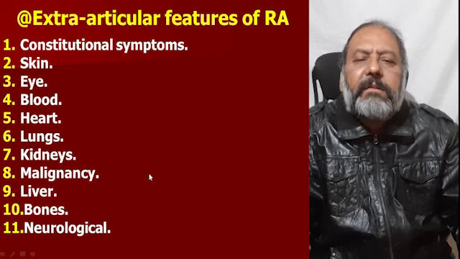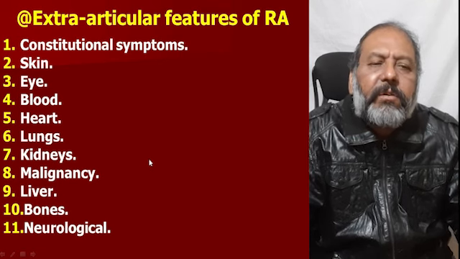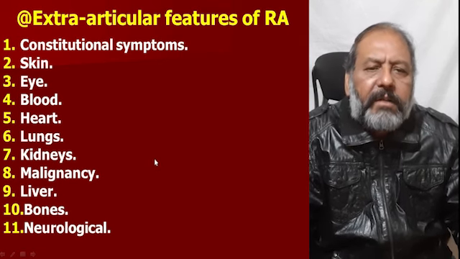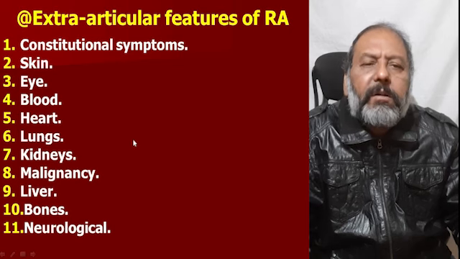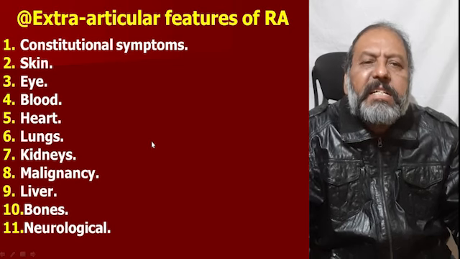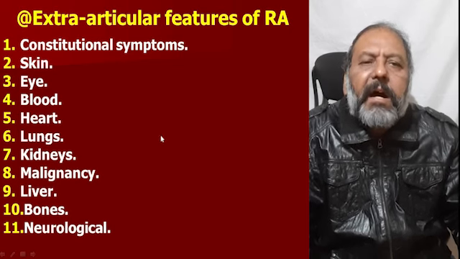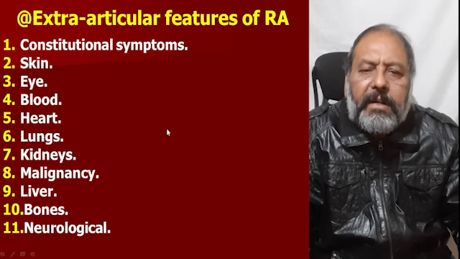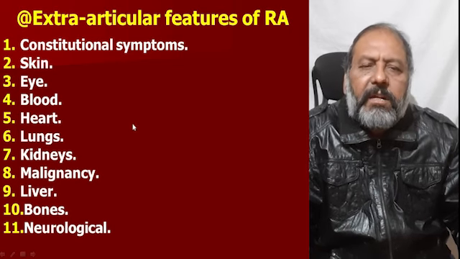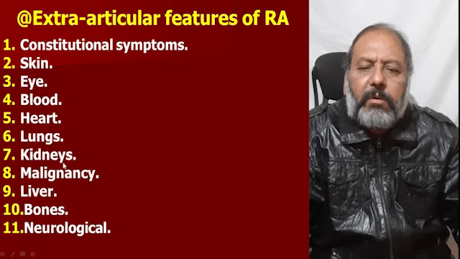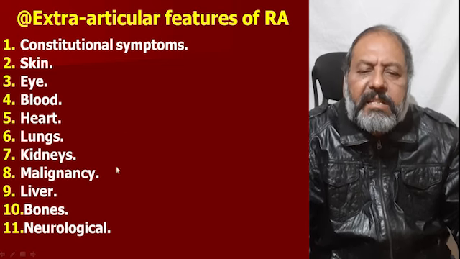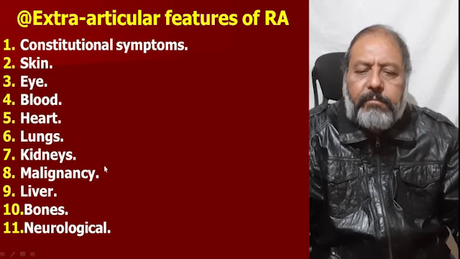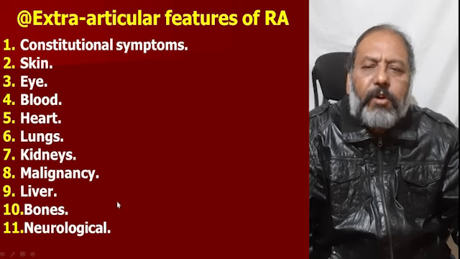Now, there are certain extra-articular features of rheumatoid arthritis. These are constitutional symptoms, skin involvement, eye involvement, blood involvement, heart and blood vessels, lungs, kidneys, malignancy, liver, bones, and neurological involvement.